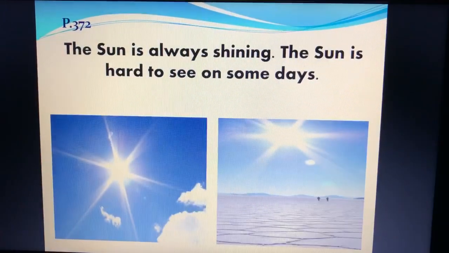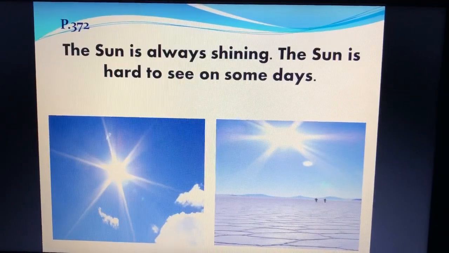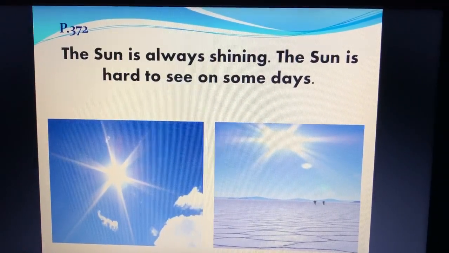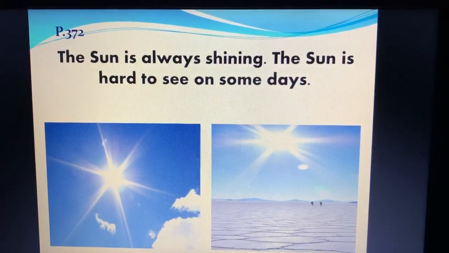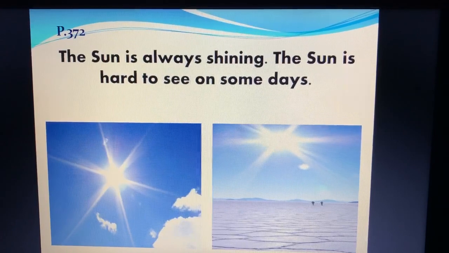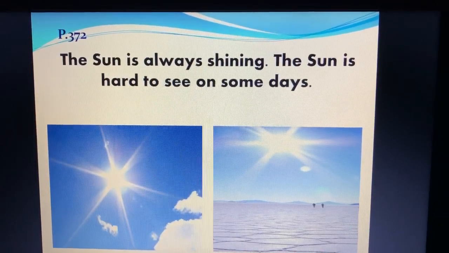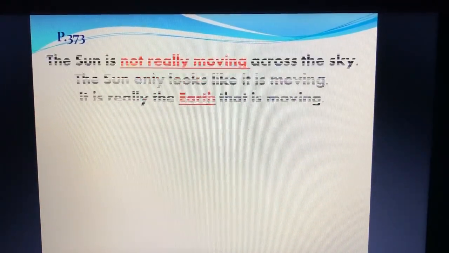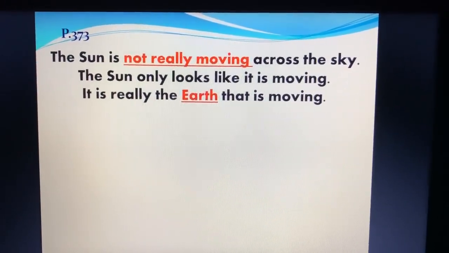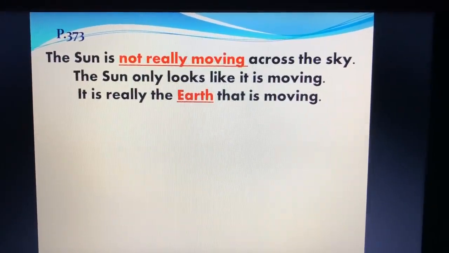Okay, the sun is always shining. The sun is hard to see on some days. It's true, some days you cannot look directly at the sun because it is shining. Okay, the sun is not really moving across the sky.